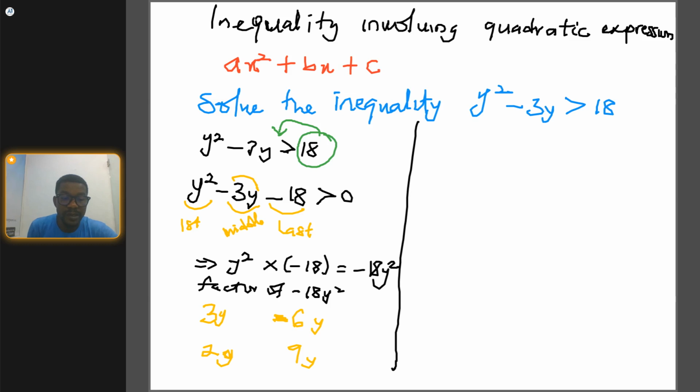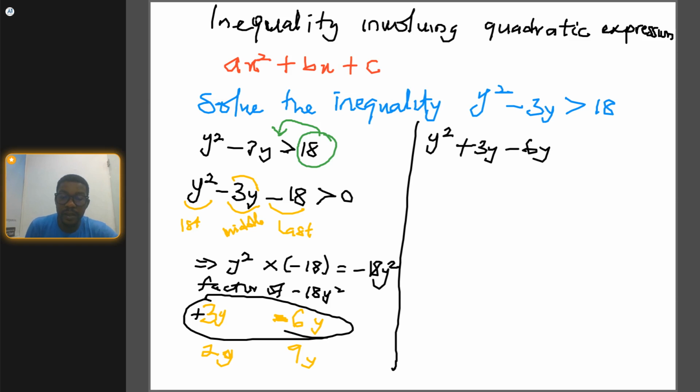So we are going to replace the middle term with these factors. We have now y squared plus 3y minus 6y.